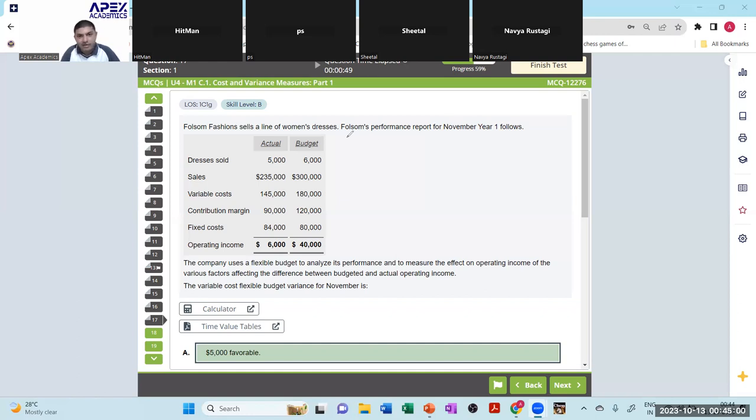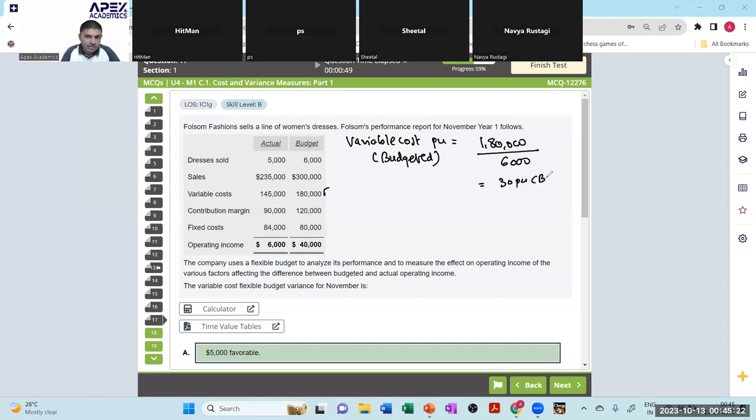My dear friends, variable cost per unit. Of course, I am interested in budgeted. What is the variable cost? 1,80,000. Divided by how many units? 6,000. So what will this be? 30 per unit.